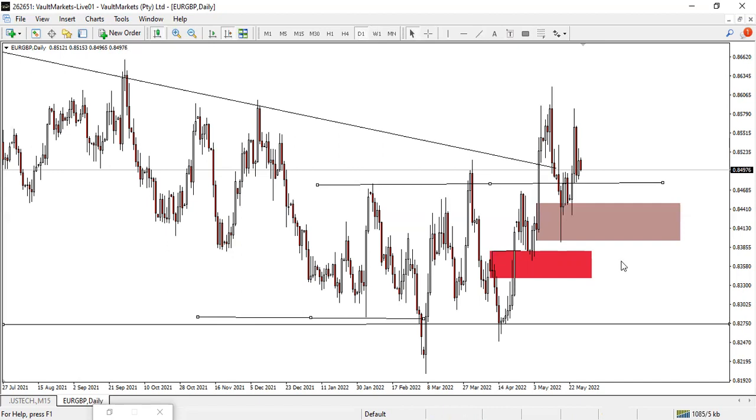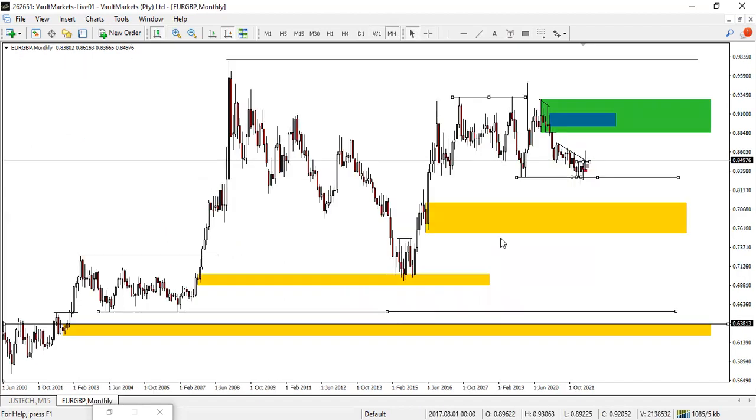All right, so now let's go back just for a recap. On monthly, we have the liquidity grab or a stop hunt, and then we anticipate a breakup block here, and then we anticipate again to have another breakup block here.